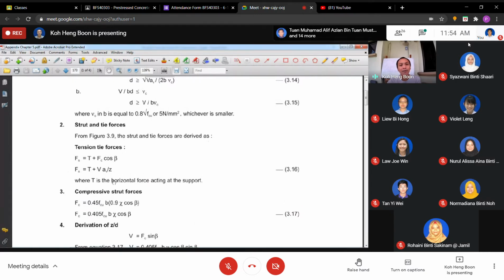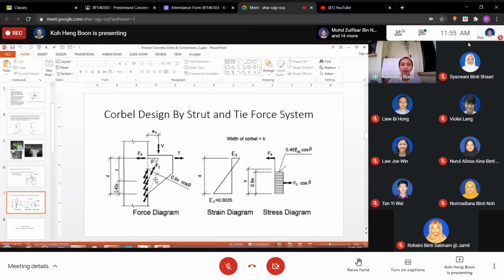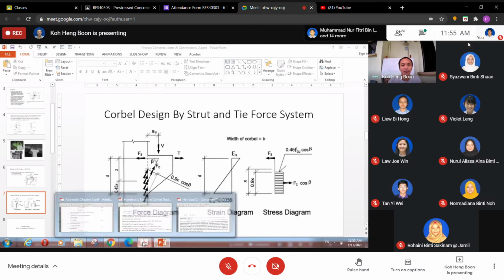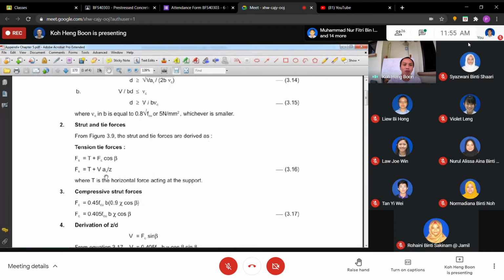Then Fc cos beta is actually V multiplied by AV over Z. If you go back to the diagram here, the cos beta is the vertical component. So this is how we get this component. But never mind, it's all right, no problem.